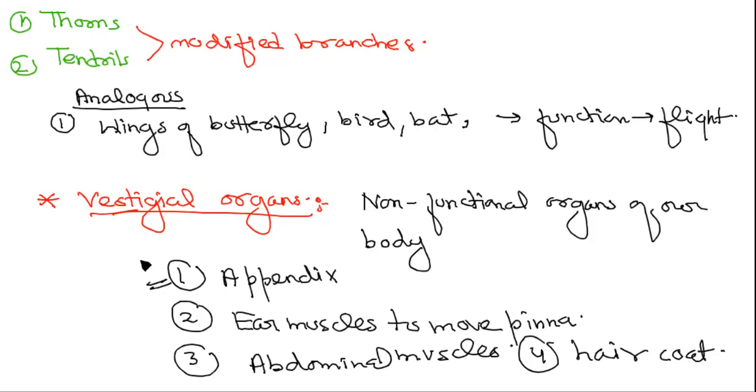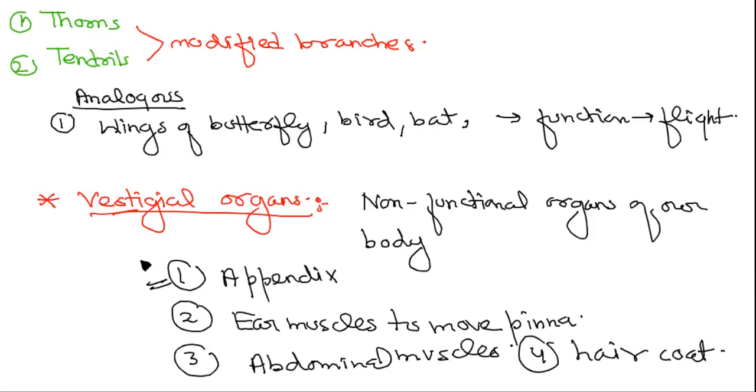So the appendix helped to digest the cellulose present in raw plants. Ma'am, so does it still function, or do we not let it function? No, no. Due to different adaptation, now these are vestigial. No function of these organs in our body, right?